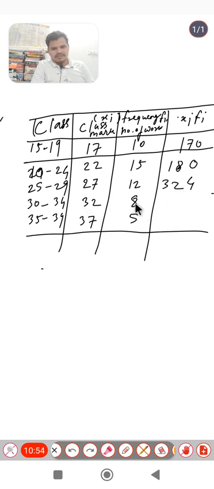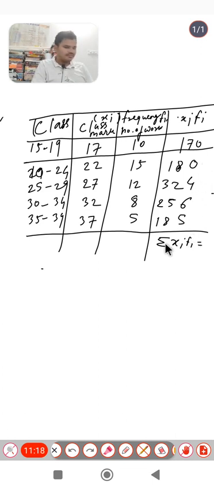Then 32 into 8 is 256, and 37 into 5 is 185. Here we have to calculate the summation of xi fi.